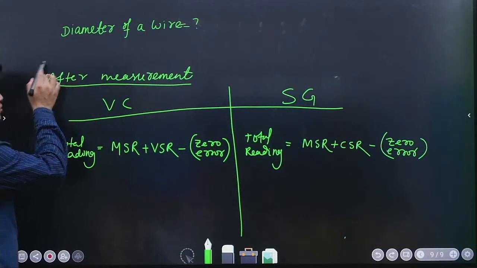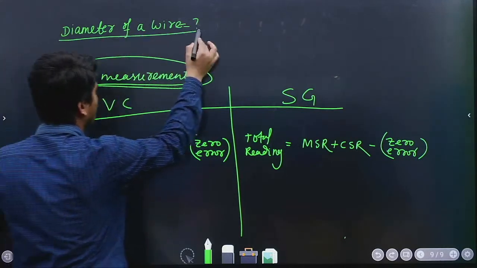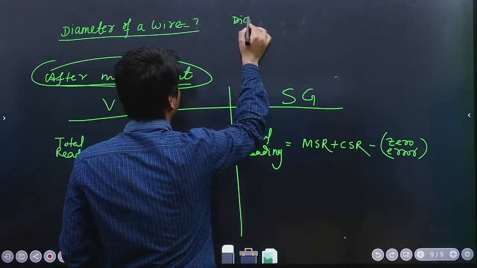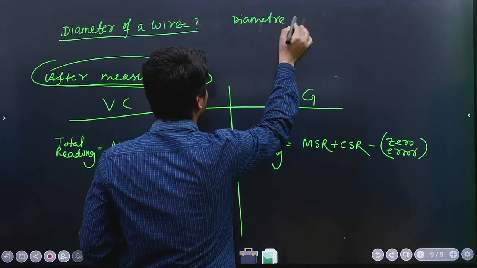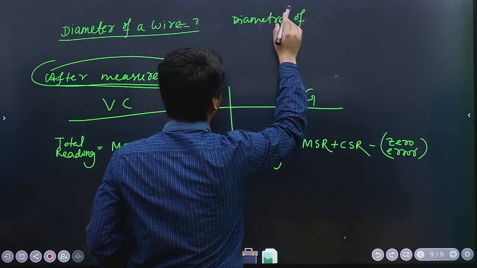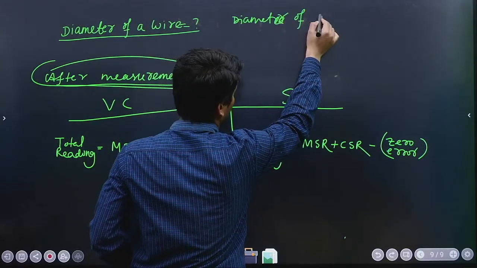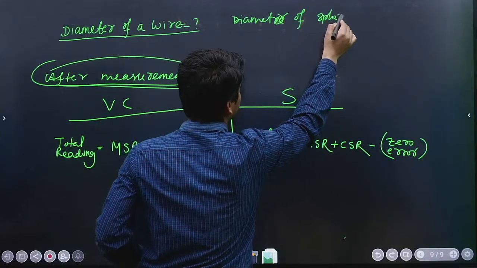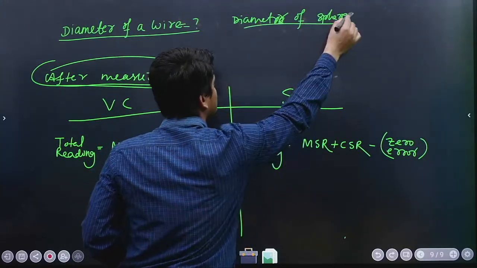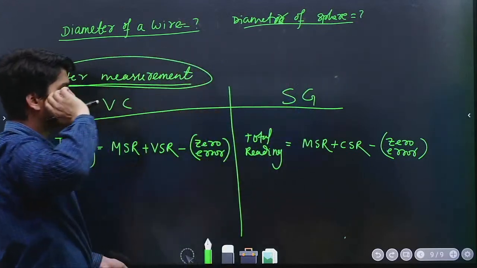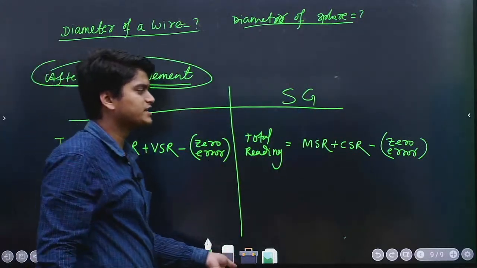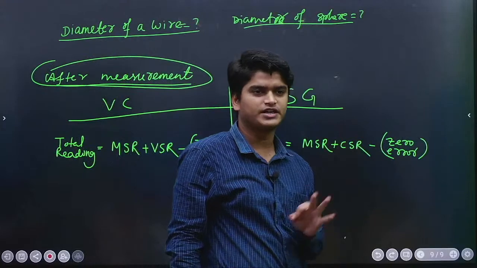After measurement you have to do this, either to find the diameter of a wire, or the diameter of a solid sphere, some small steel ball. This type of thing they can ask. So here the total reading is MSR plus CSR minus zero error. Here also the same three types will come.